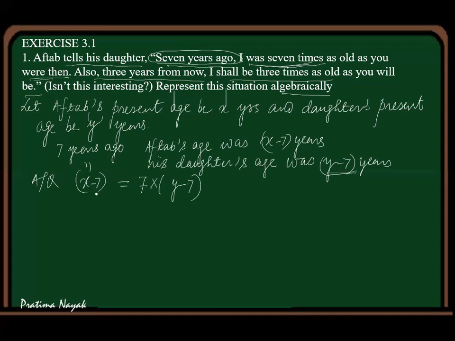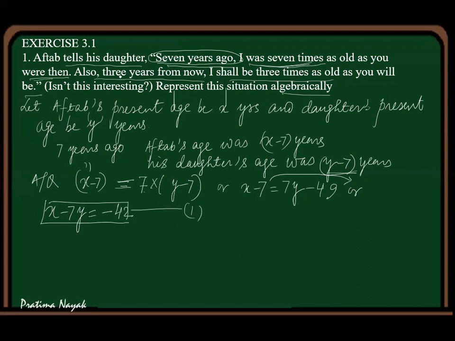Simplifying, x minus 7 is equal to 7y minus 49, or x minus 7y is equal to, I'll shift 7 to this side, it will be minus 42. This is equation 1.